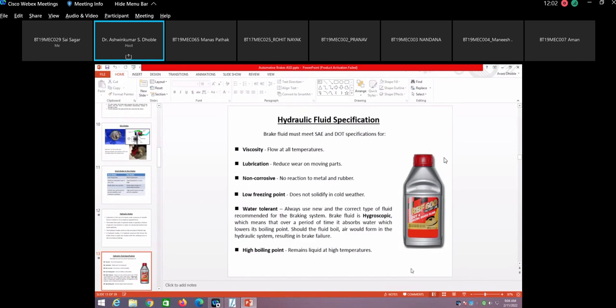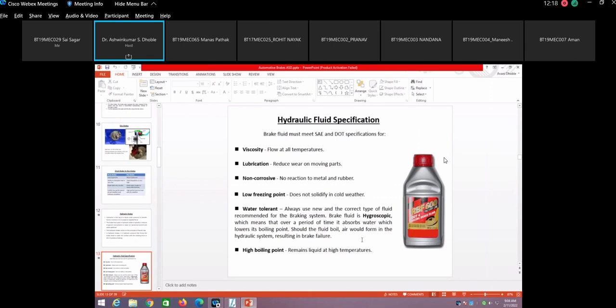The brake fluid is hygroscopic, which means that over a period of time it absorbs water, which lowers its boiling point. Should the fluid boil, air would form in the hydraulic system, resulting in brake failure.